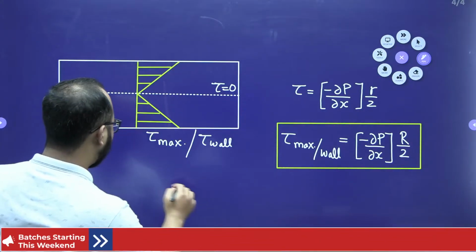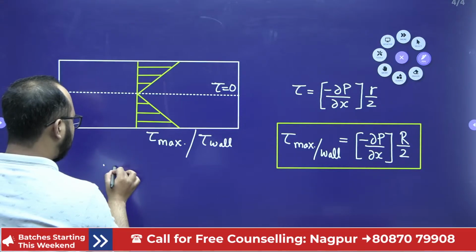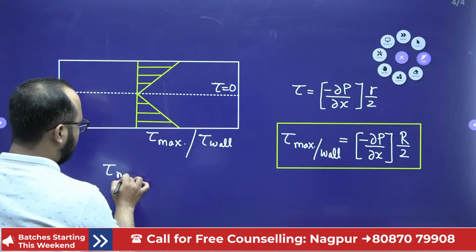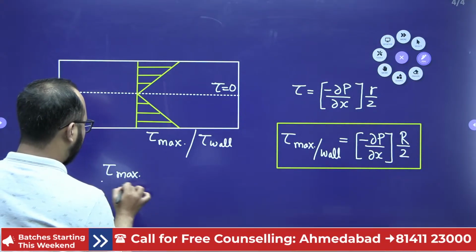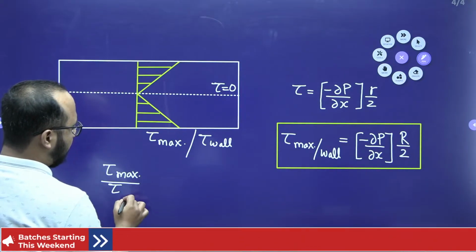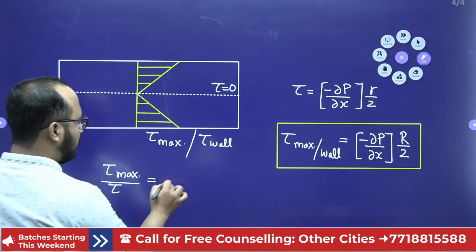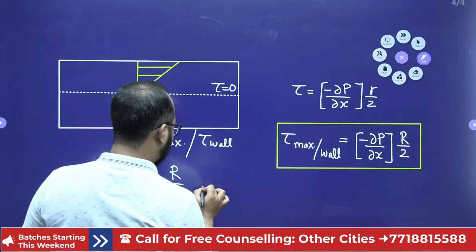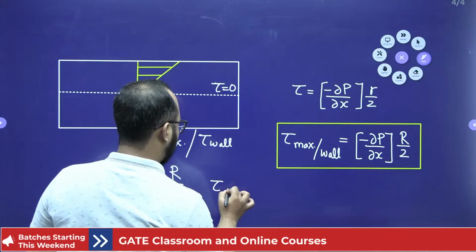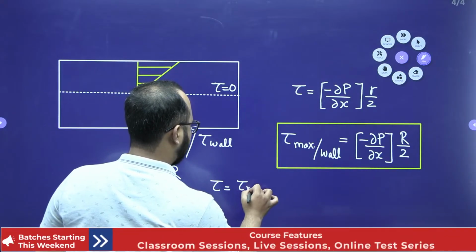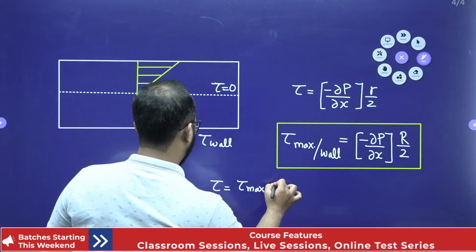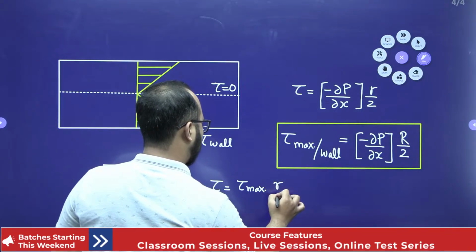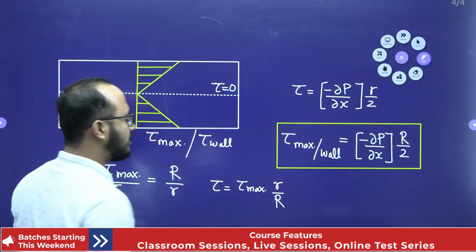So a simple relation you can draw here, like tau max divided by tau at any radius r will be equal to capital R by small r. Or from this you can write: tau equals tau max into small r by capital R. This relation you can write.